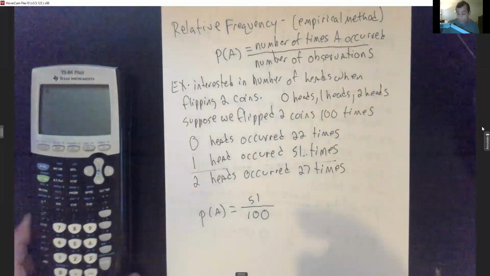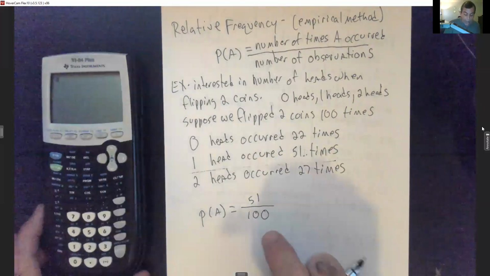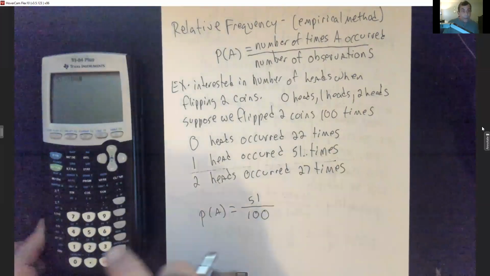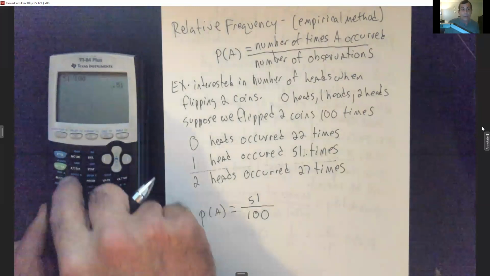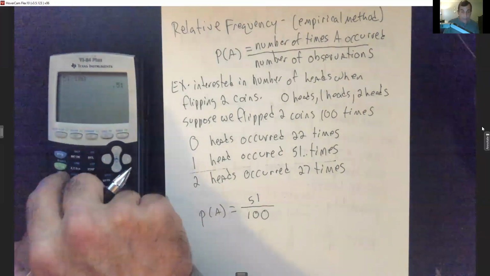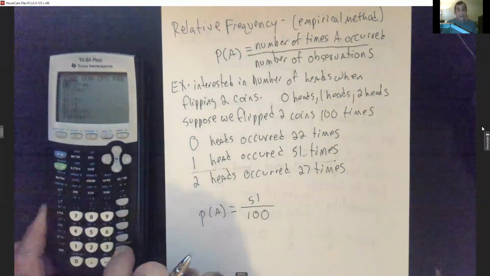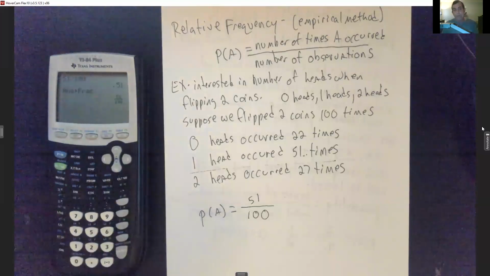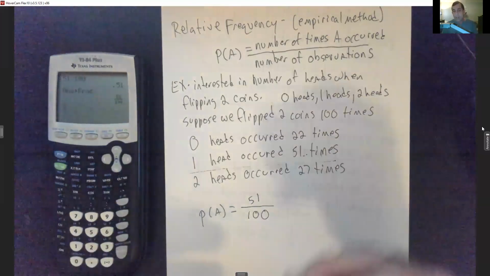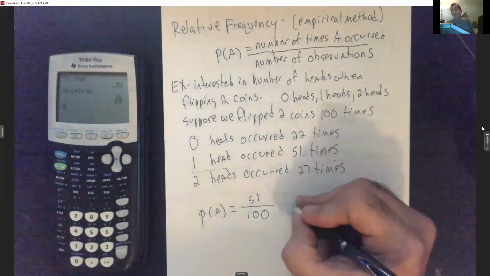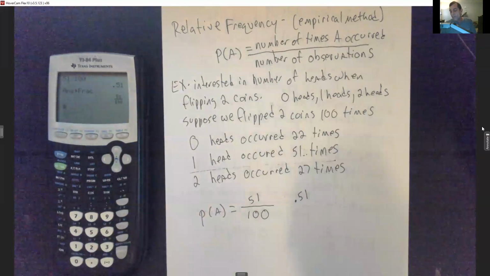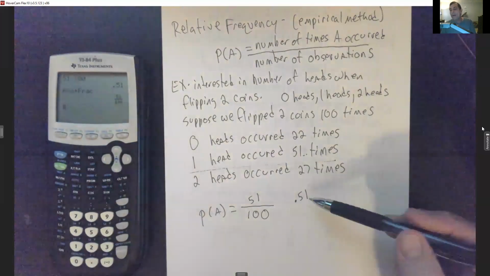If you tried to reduce that 51 divided by 100 on your calculator, you get 0.51. And then if you tried to turn that back into a fraction by hitting math, enter, you only get what? 51 over 100. So it does not reduce anymore. But y'all, I'm looking at that 0.51.